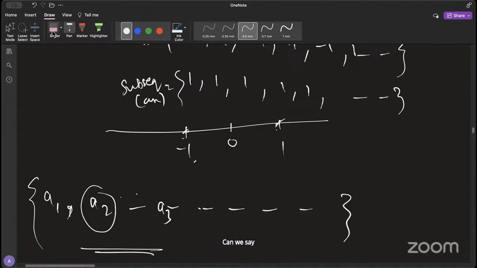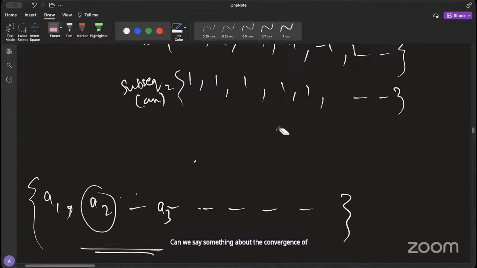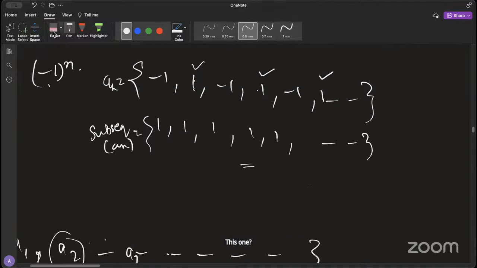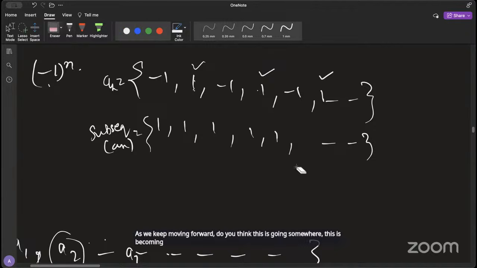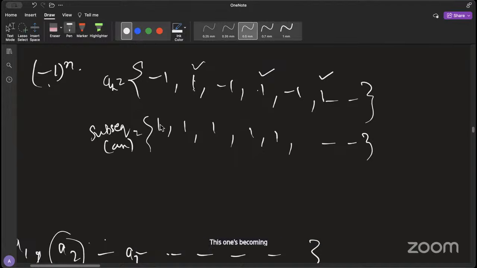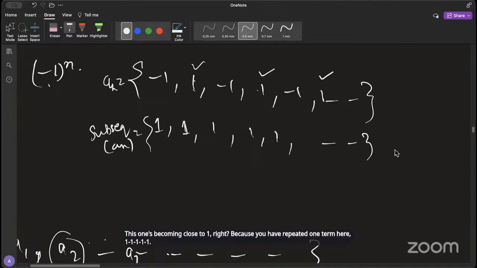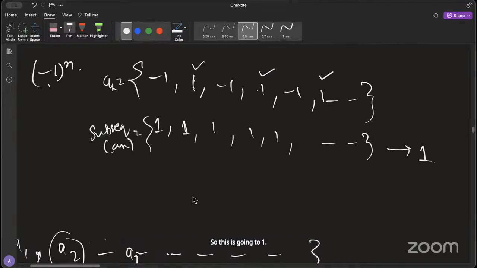Can we say something about the convergence of this subsequence of an? Does this one converge? Do you think it's going somewhere? As my n keeps growing, as we keep moving forward, is this becoming close to some point? This one's becoming close to 1, right? Because you have repeated 1 there, 1, 1, 1, 1, 1. So this is going to 1, right?